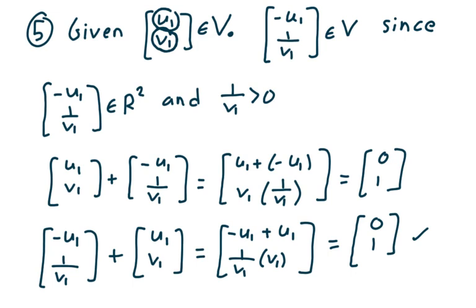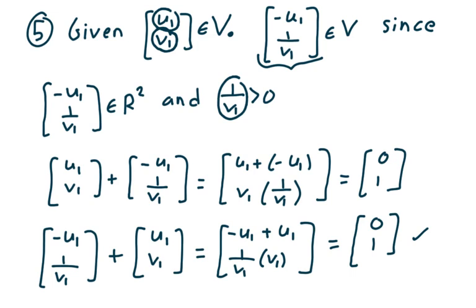And so notice, given column vector u1, v1 that belongs to V, the column vector negative u1, 1 over v1 also belongs to V, since this column vector is in R2, and if I look at the second component, that's positive. Now, if I take this vector and add it to u1, v1, I want you to notice what we get.